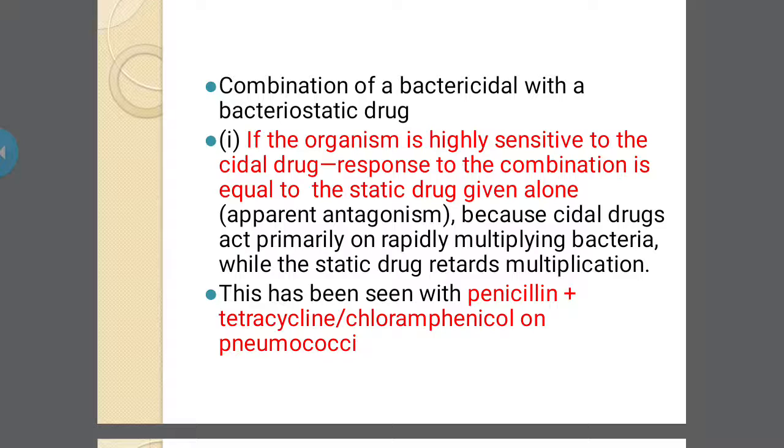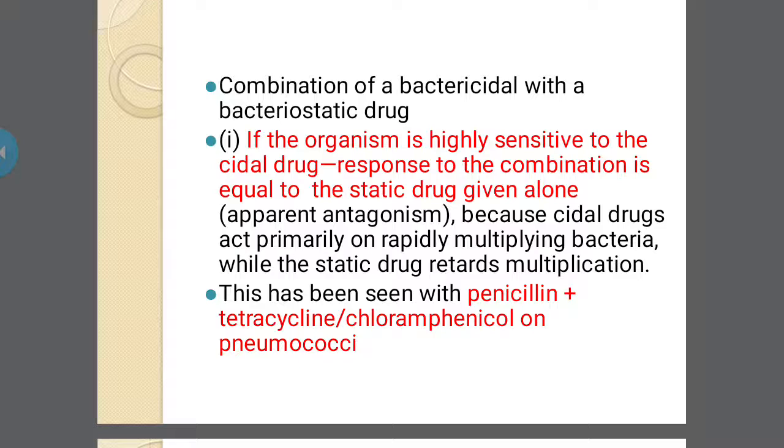We cannot get the actual action of the cidal drug if it is combined with the static drug, because the cidal drug acts primarily on rapidly multiplying bacteria and the static drug retards the multiplication. That's why penicillin is not combined with a static drug like tetracycline or chloramphenicol, especially in pneumococcal infection.